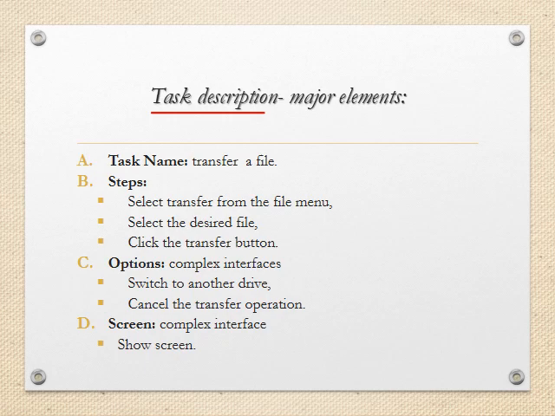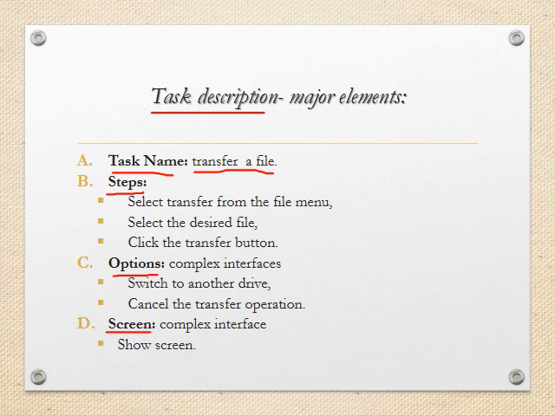Task description. We mentioned earlier that in order to describe any task, we need some elements or features. For example, we need a task name. We need to put in the steps, and what options or alternatives we need. Do we have screens, and what type of screens? For example, if we are trying to describe the transfer a file task, the steps we have to follow are: select transfer from the file menu, select the desired file, click the transfer button.